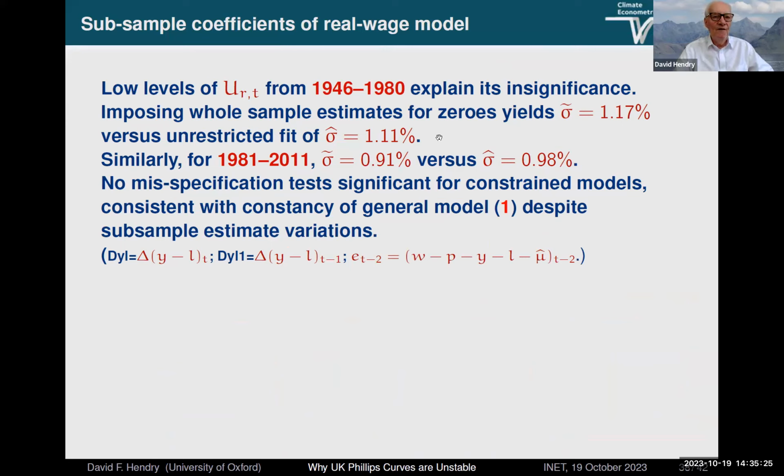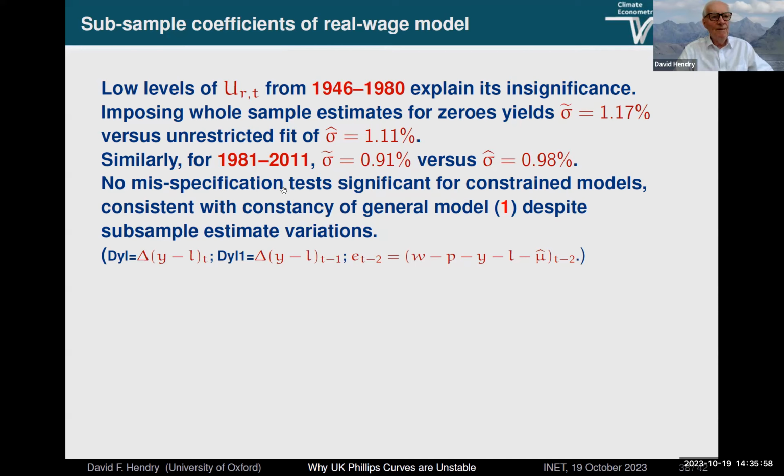And now we do the final explanation of what's going on. If I replace the estimate, the zeros, by the full sample estimates of the X's, they're not significantly different from the unrestricted fit. Sigma tilde is 1.17 versus 1.11. And similarly for 81 to 2011, it actually fits somewhat better, forcing the full sample estimates versus the subsample unconstrained ones.